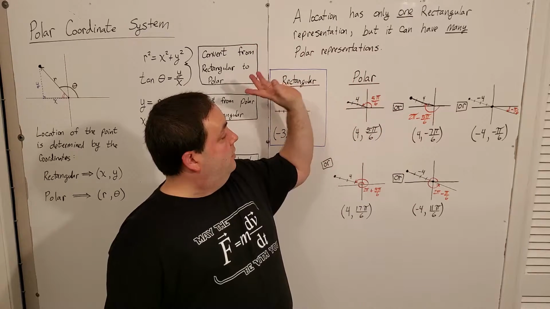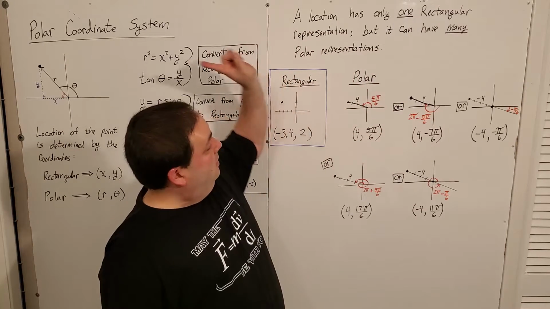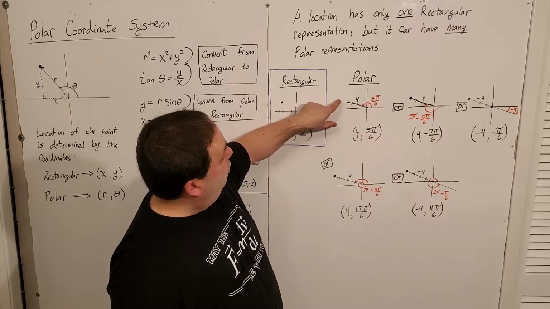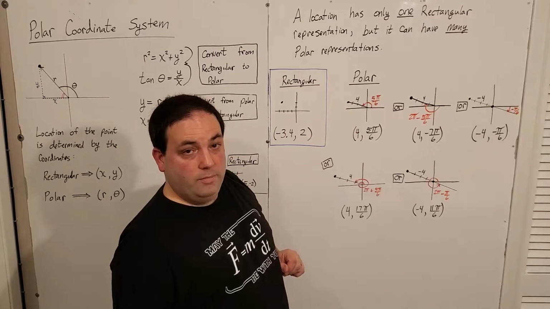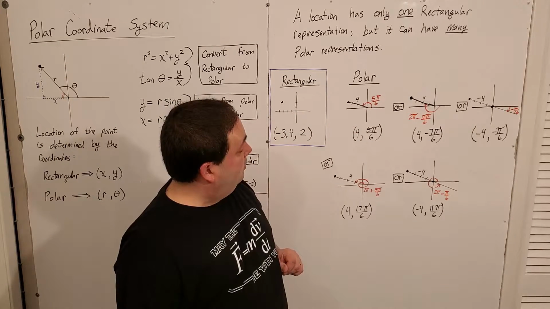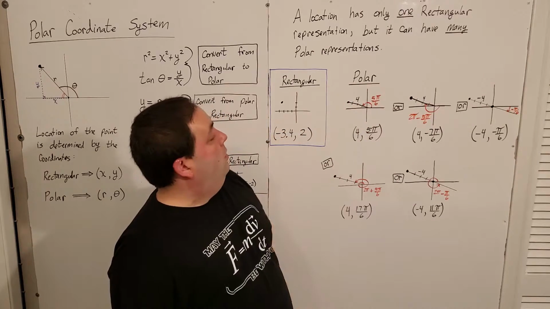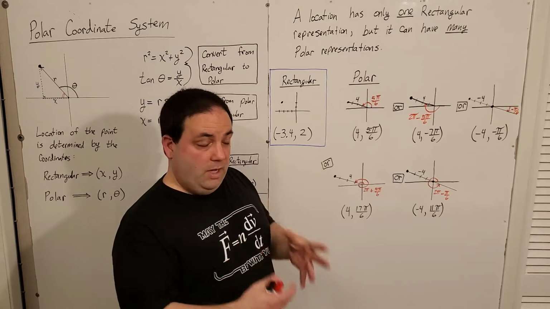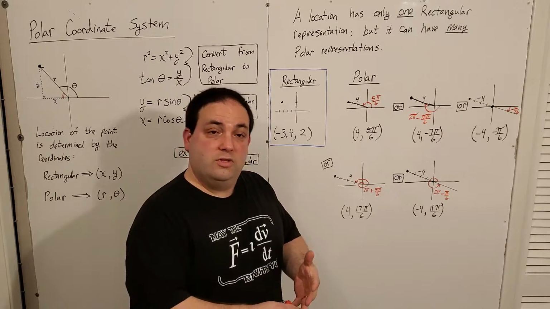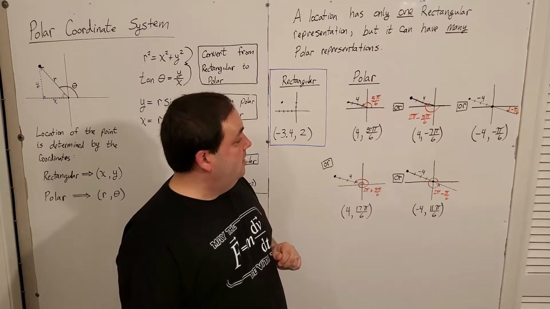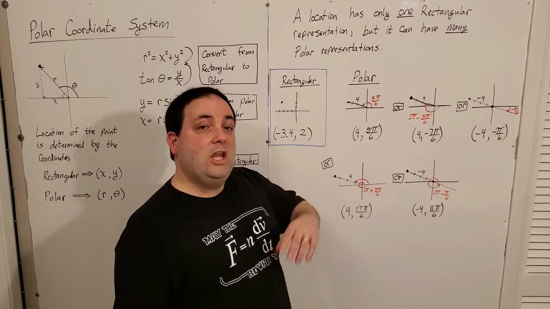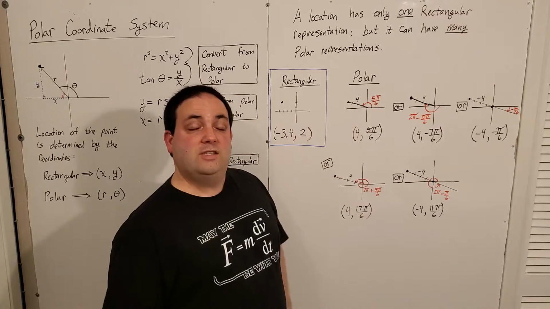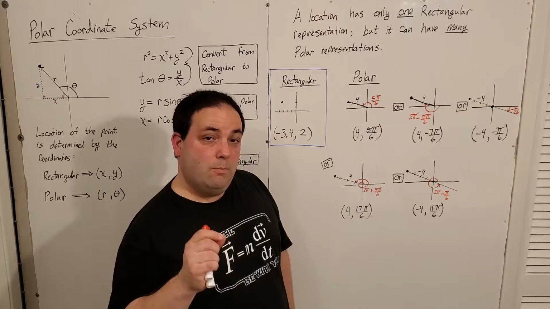I rotate to the 5 pi over 6 radians, and then I count out 4 distance from that center. Okay? So, mostly because of the angles, right, and because we have coterminal angles of all different shapes and sizes, that's why you can get other representations that all talk about the same point.